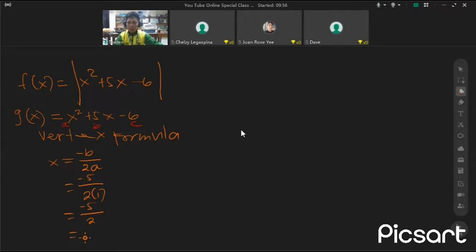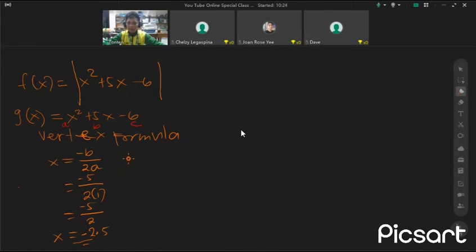How much was that earlier, Chelsea? Negative 2.5. That is the value of your x. If we are to find the vertex, there is the value of x and y, so we will find the coordinate of y using the obtained value of x.